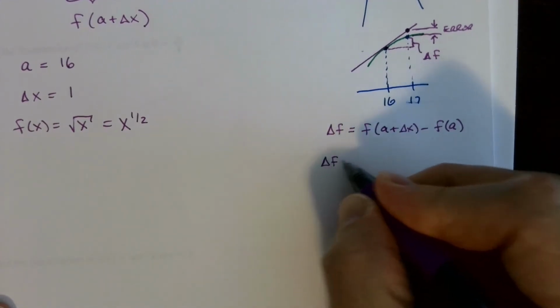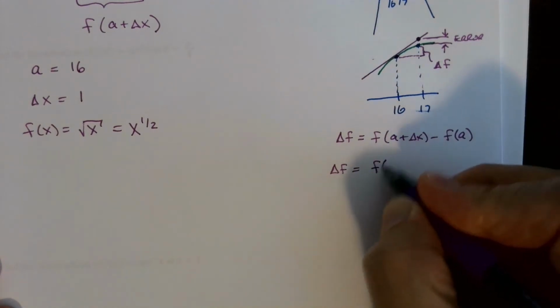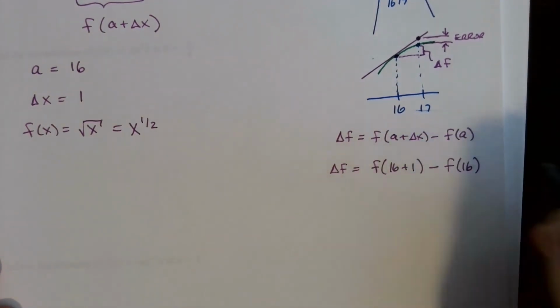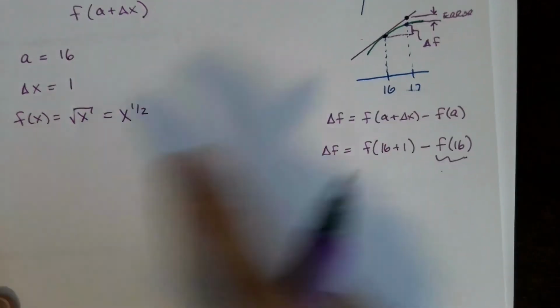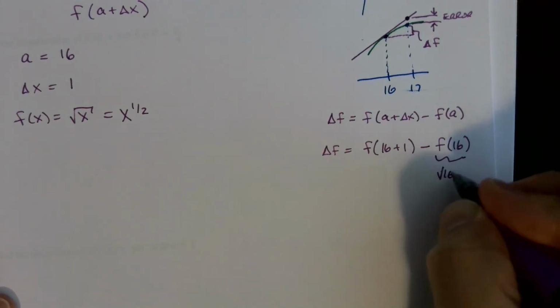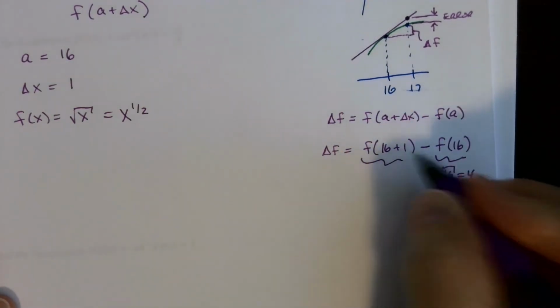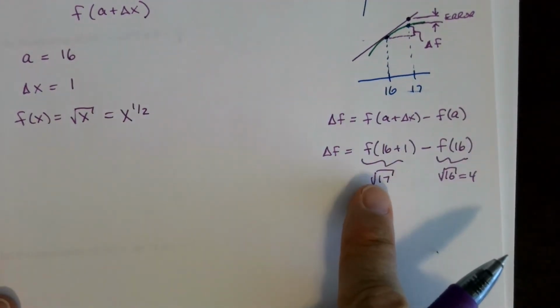In terms of our language here, using these values, this is f of 16 plus 1 minus f of 16. Okay, I know what this is, right? f of 16, since f of x is the square root of x, as we said, is the square root of 16, which is 4. This 16 plus 1 is 17. This is the square root of 17. This is what I'm trying to find.